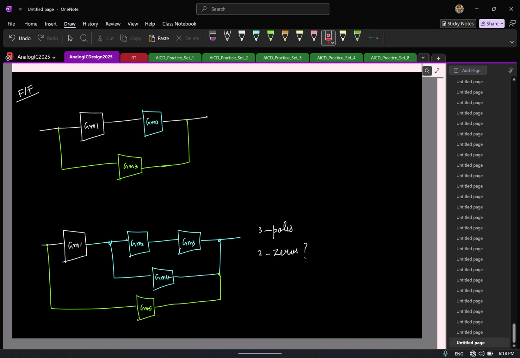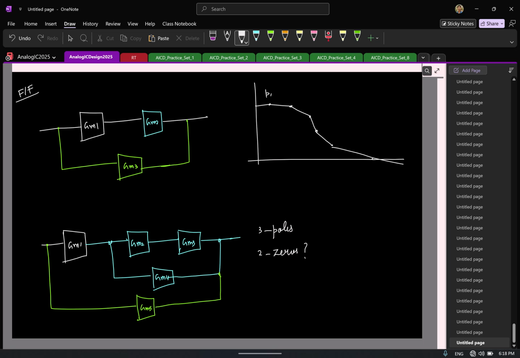To get a first order system eventually, I should be introducing 2 left half plane zeros before I hit my omega u. Right? Before the unity gain frequency, I should introduce the 2 zeros so that I have the first order behavior. So if I were to very briefly sketch the magnitude plot, let's say pole 1, pole 2, pole 3, and then I have 2 zeros, Z1, Z2, something like this.